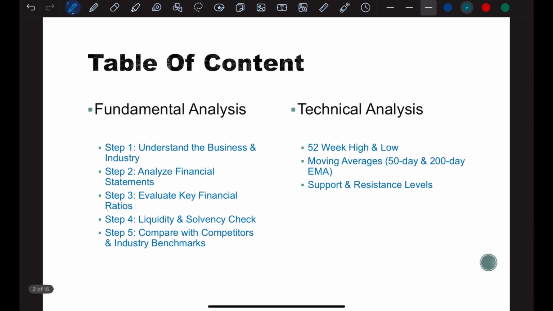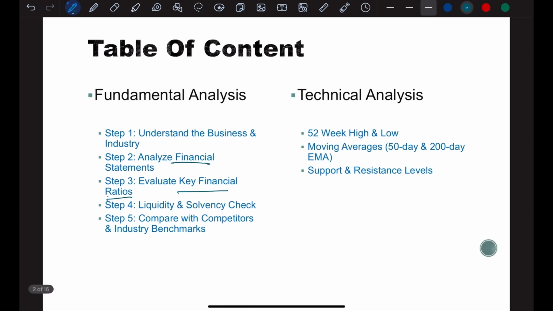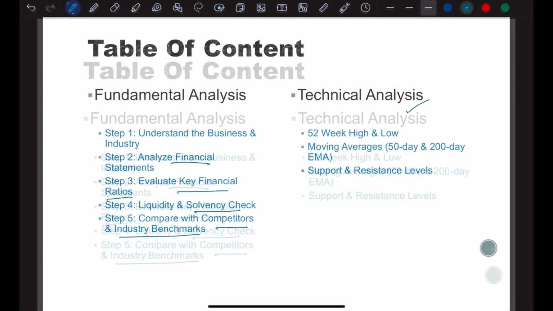By the end of this video, you will know how to understand a company's business, analyze financial statements, evaluate key financial ratios, check for liquidity and solvency, and compare with competitors and industry benchmarks. Alongside, we will also look at technical analysis. So, if you want to make informed investment decisions and avoid costly mistakes, stick around till the end.